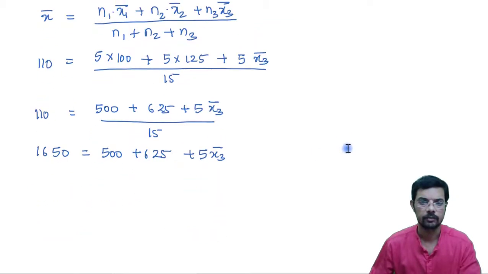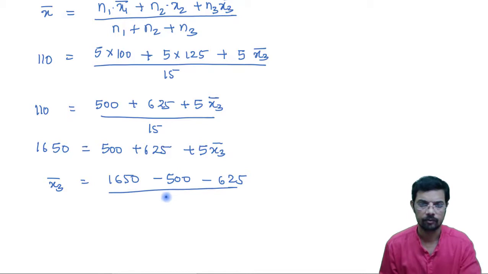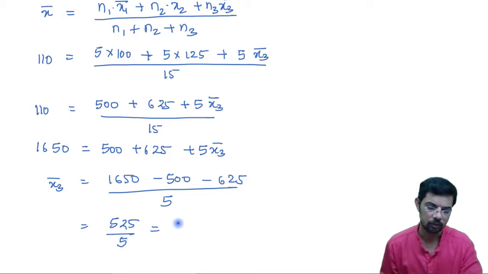So we can move further: x3 bar will be equal to 1650 minus 500 minus 625, divided by 5. When calculated, we get 525 divided by 5, which is equal to 105.